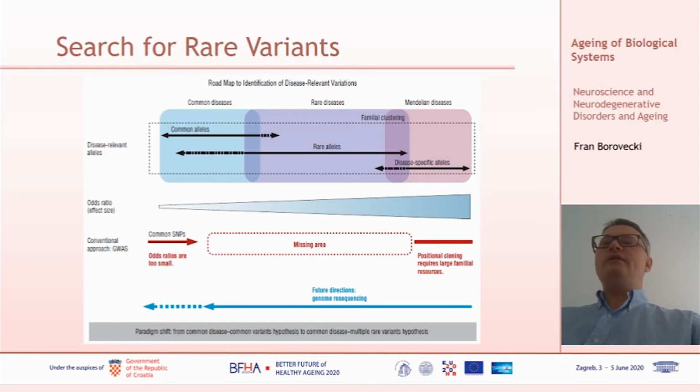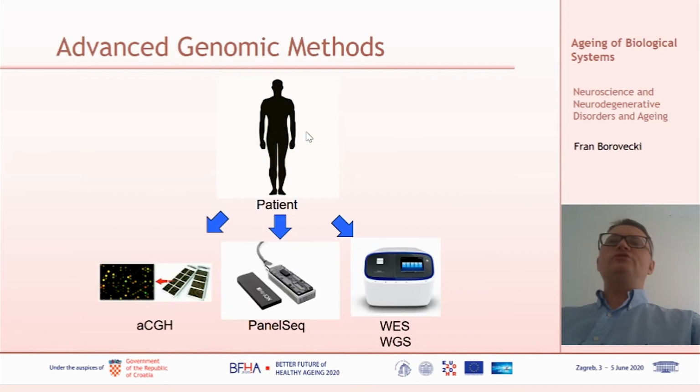So how do we find these rare variants? The consensus now is using advanced genomic methods. These include gene chips, panel sequencing, where you select 10, 20, 100 genes and analyze them at once, or whole exome and whole genome sequencing, where we analyze either all the genes or the entire genomic information in a cell.